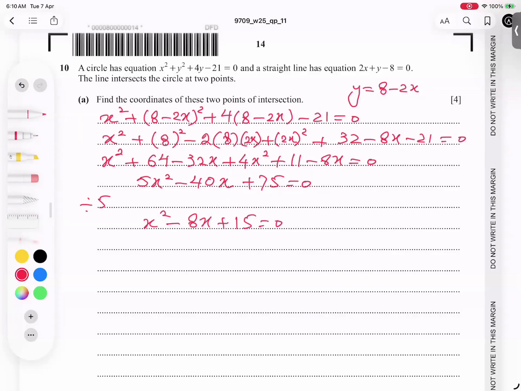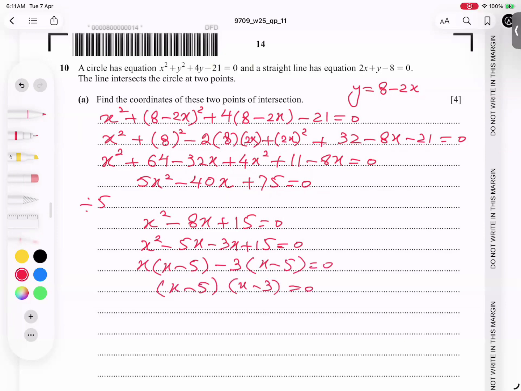So now, students, we have to go for factorization. I think 15, 5 3s are 15. So 5 times 3 is 15. Here x common from both and minus 3. So we have two answers, one is 3 and one is 5.